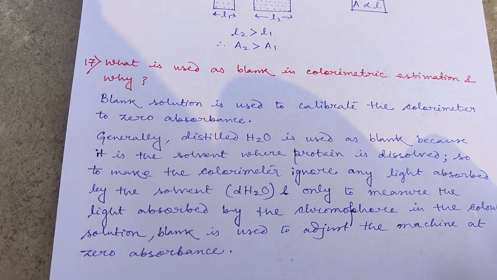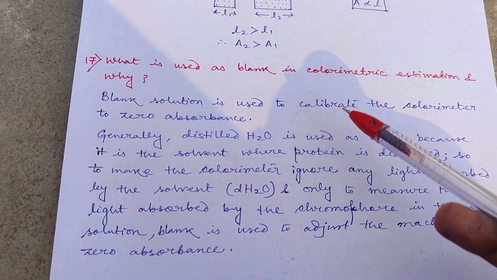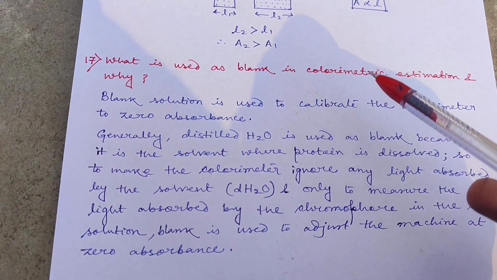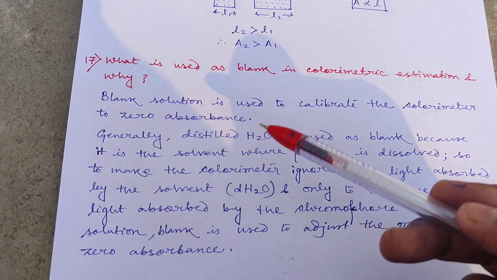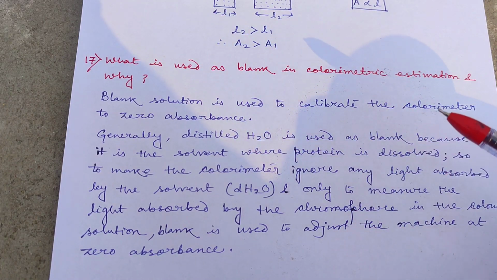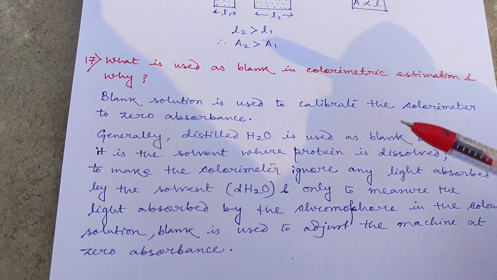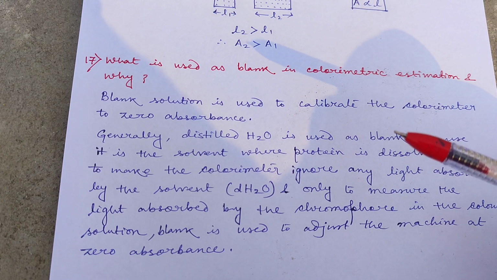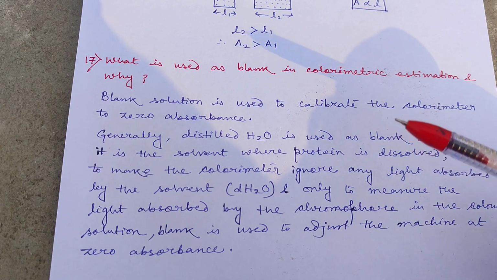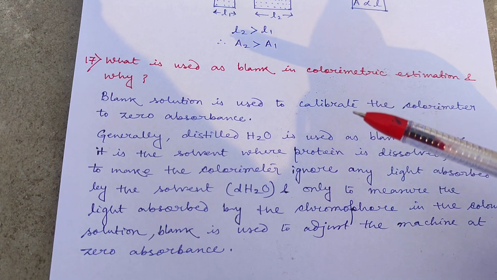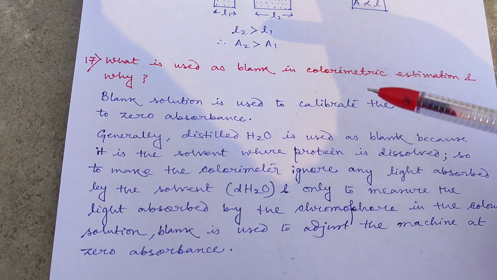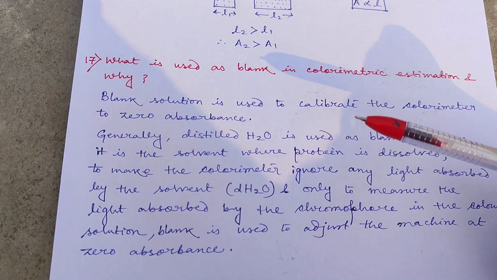Now coming to the last question, what is a blank and what blank is used in colorimetric estimation and why? See, a blank is a solution that is used to calibrate the colorimeter or adjust the colorimeter to zero absorbance. Generally we use distilled water as the blank solution. Why? Because generally we dissolve the BSA, the protein sample, in distilled water, so distilled water is the solvent.